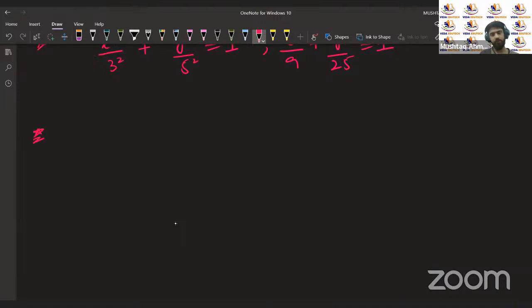Let's suppose that if a is equal to b, meaning the semi-major axis and the semi-minor axis are equal, then it represents a circle centered at origin.